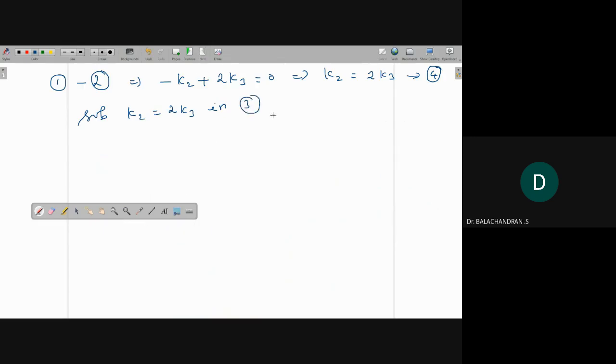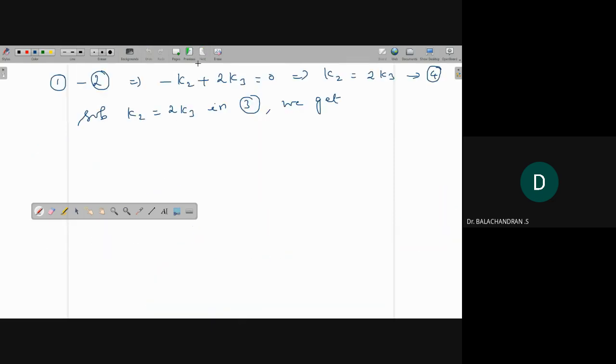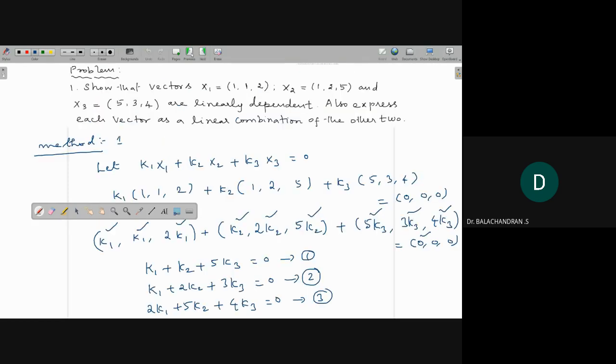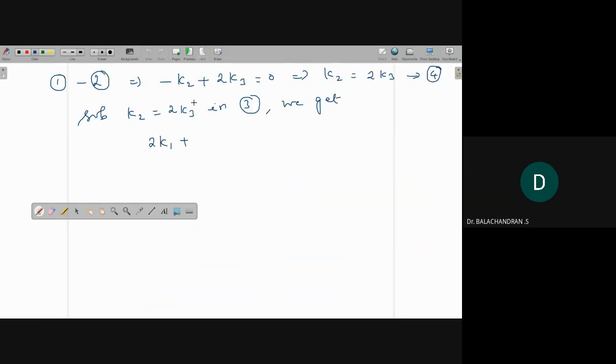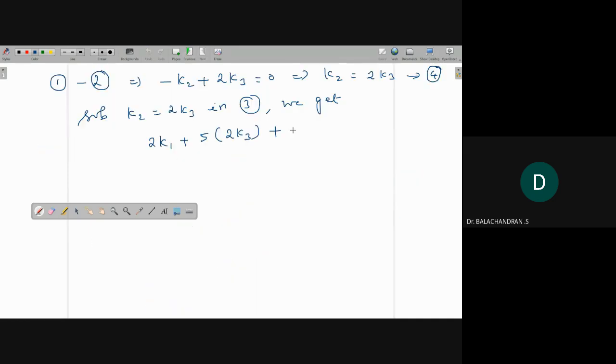What do you have? 2k1 plus 5k2, where k2 is 2k3, so 10k3, plus 4k3 is equal to 0.